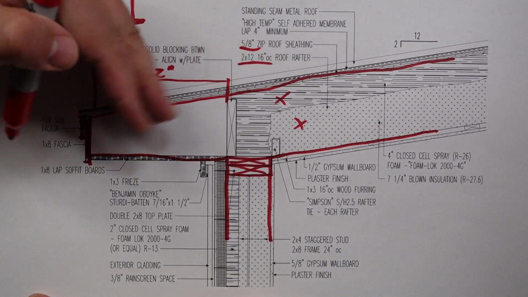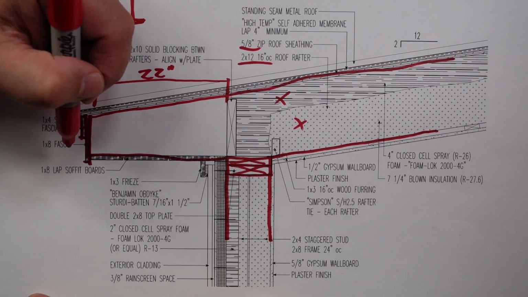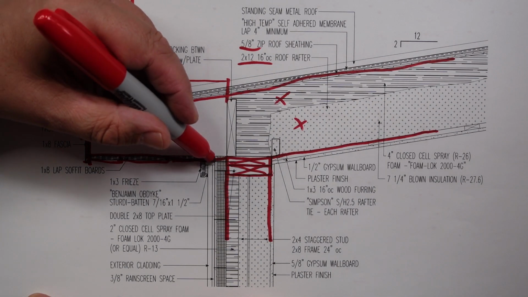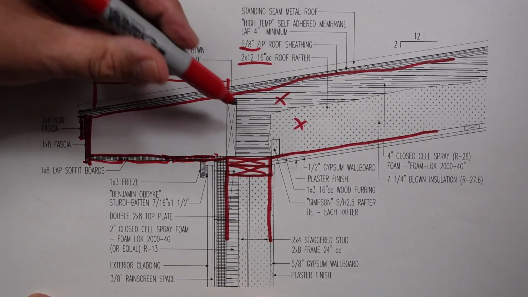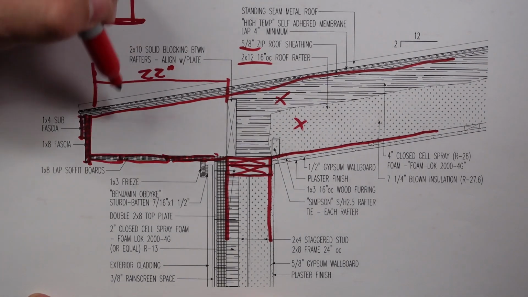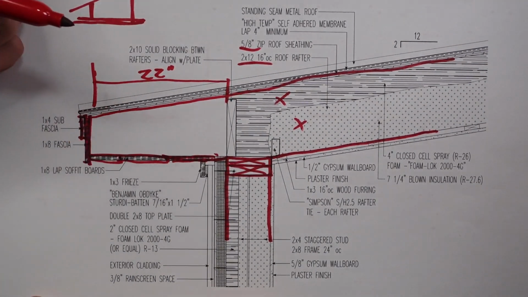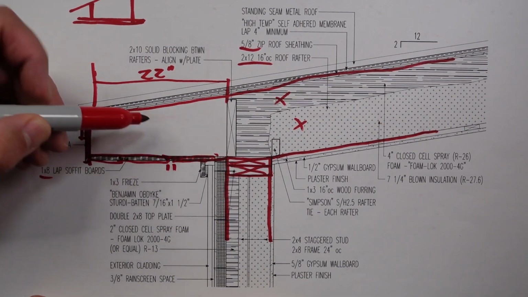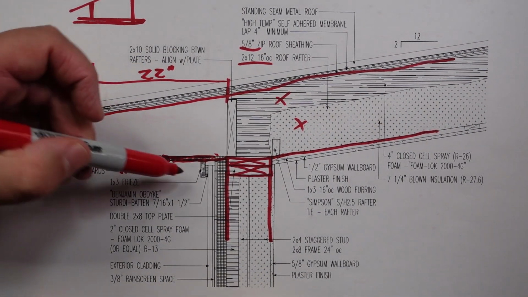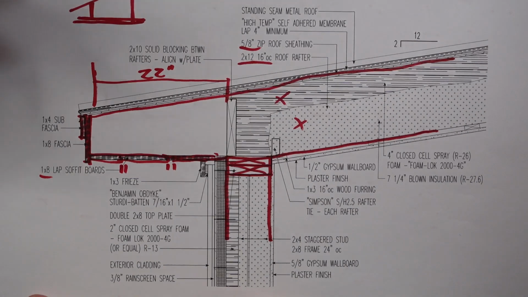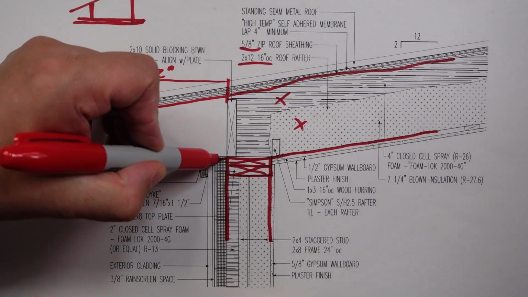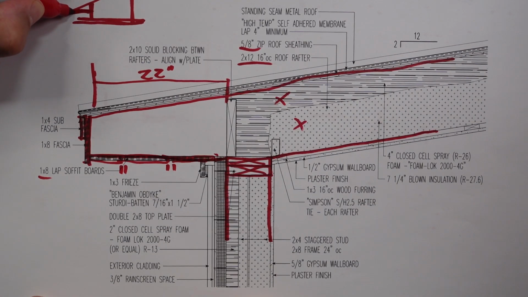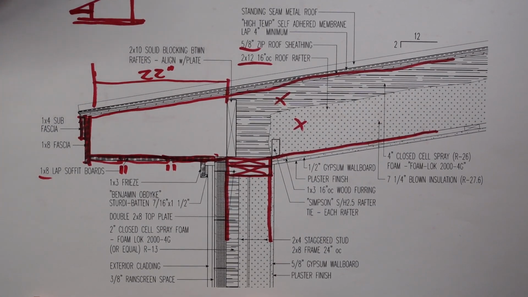And then we have our metal roof assembly, but we also have our soffit here, and even if we did insulate it, it would be an unvented roof assembly, so we don't need any vents in here. We just have our 1x8 lap soffits, so they'll give a little bit of a reveal there. But basically, like I talked about in the video, I like the low to be flat and the high to suggest movement.